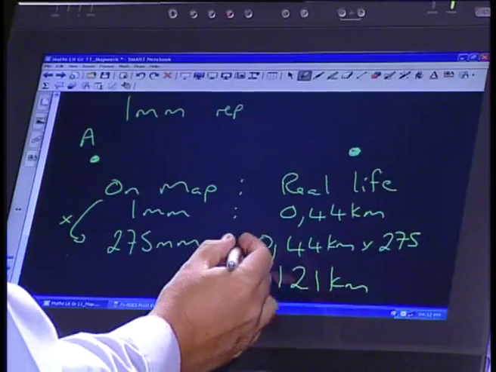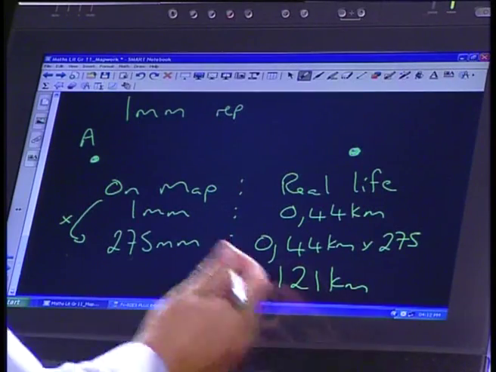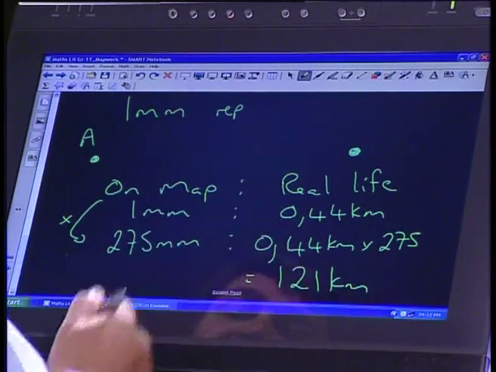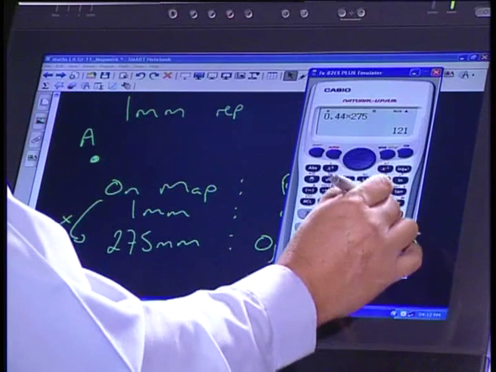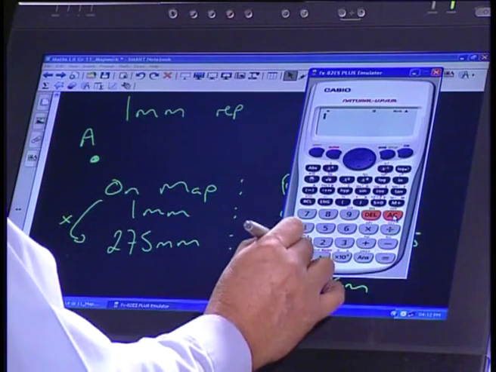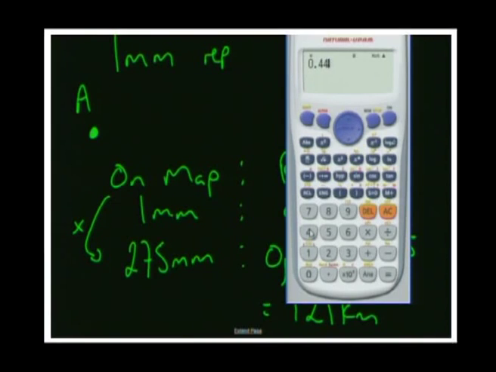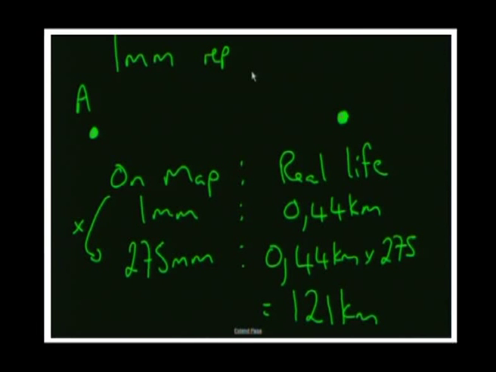So if I want to change 0.44 kilometers to millimeters, I'm going to take that 0.44, clear our calculator again, and say 0.44 multiplied by 1,000,000 equals, and I get 440,000. So I know then that this represents 440,000 millimeters.